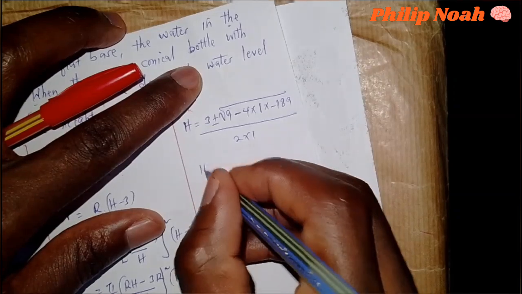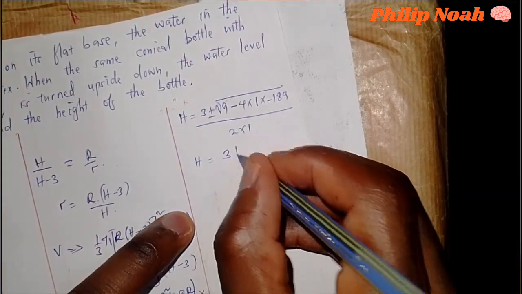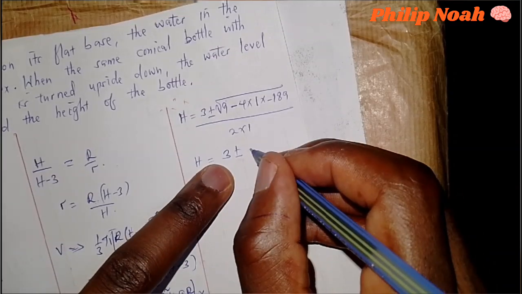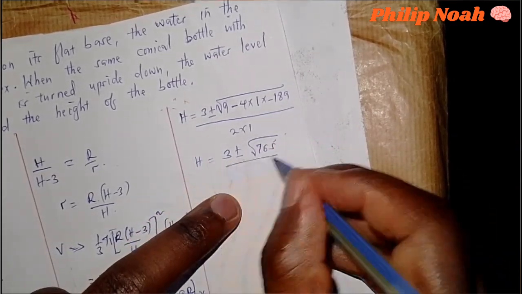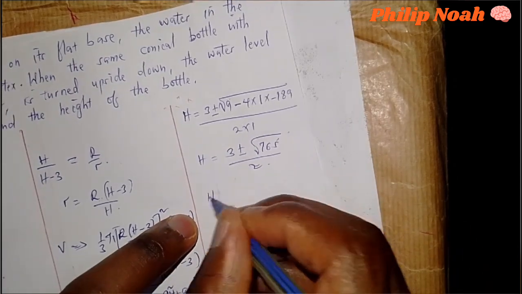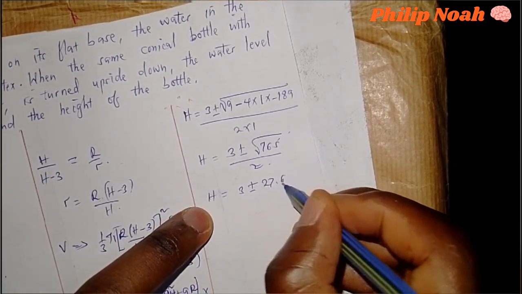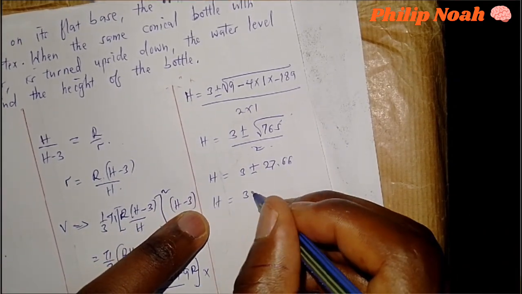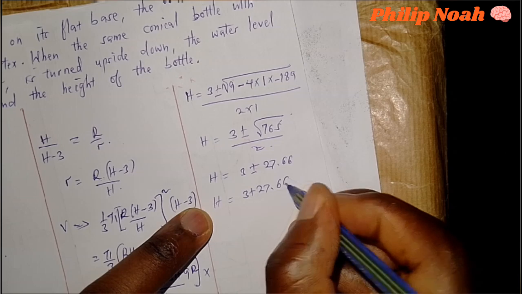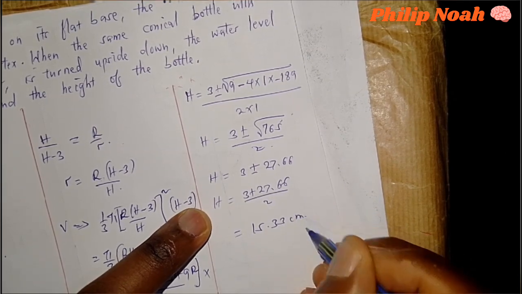We get h as 3 plus or minus the square root of 765, over 2. So h is equal to 3 plus or minus 27.66, over 2. h is equal to 3 plus 27.66 over 2, we get 15.33 centimeters.